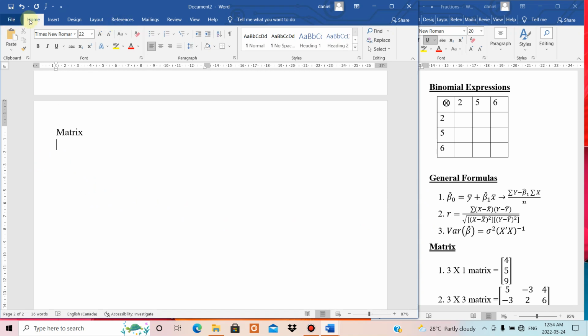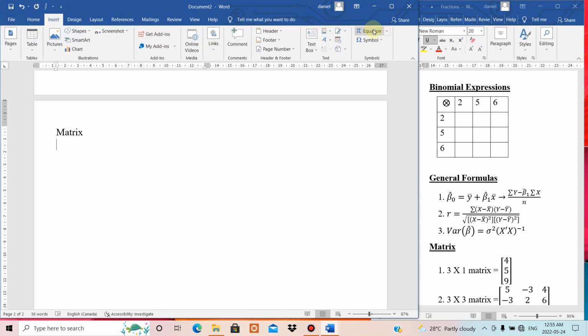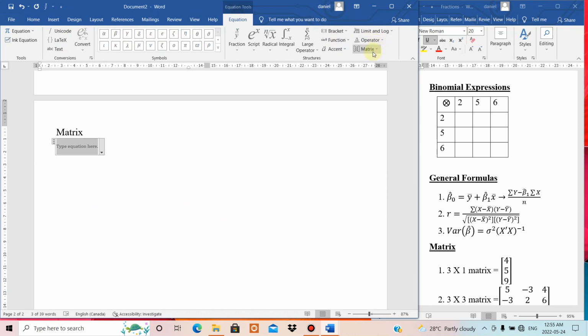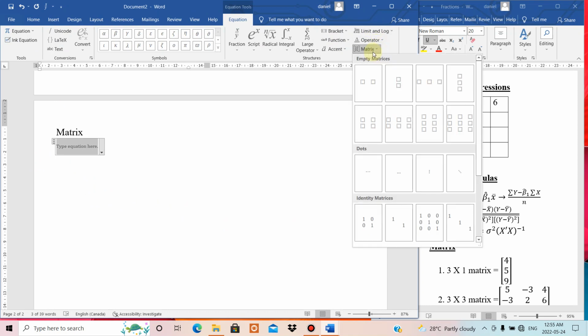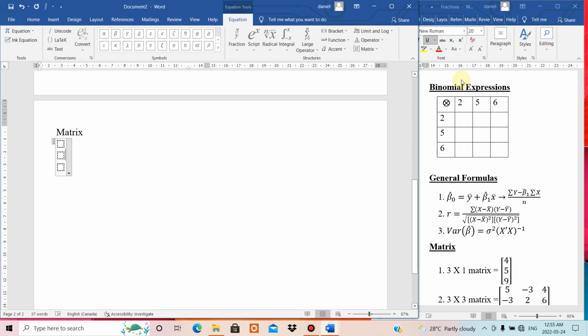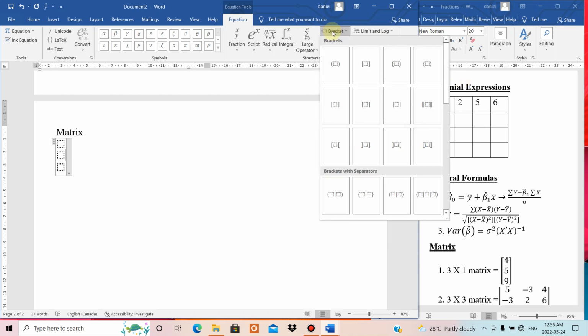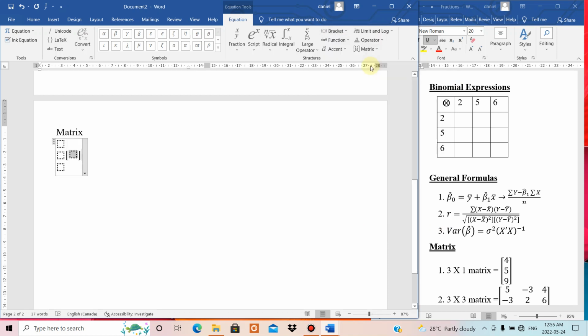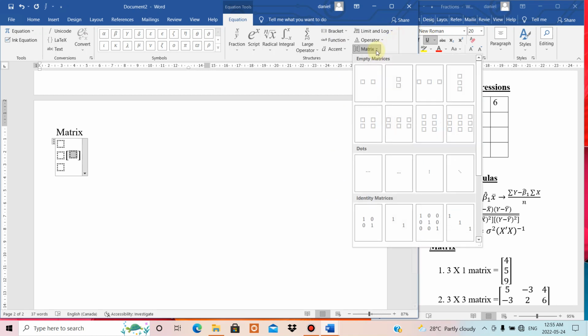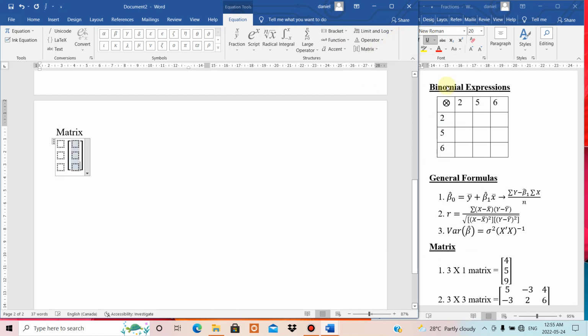As we saw in our previous overview, we can have a 1 by 1, a 1 by 2, a 2 by 1, a 1 by 3, a 3 by 1 in that sequence. So these are 3 by 1 matrices. So let's pick this and indicate our matrix in that.